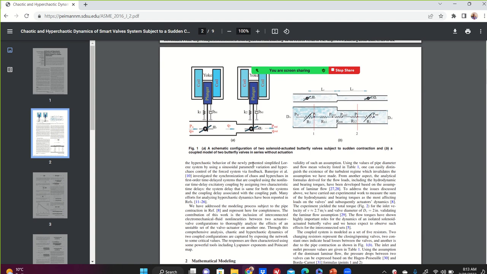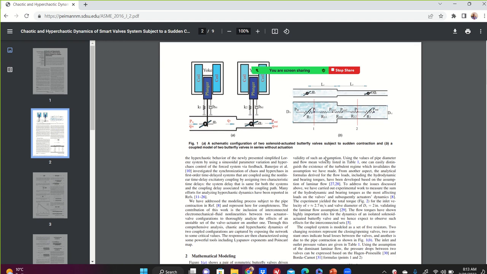Okay, guys, look at here. There are two butterfly valves. Do you see here? We modeled them based on the course that I'm teaching you, as changing resistors. This means changing R1 and R2.